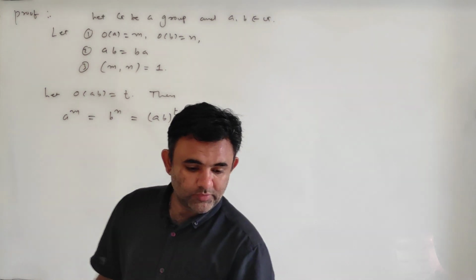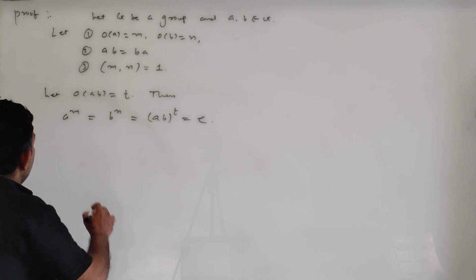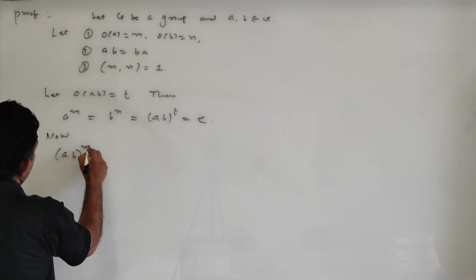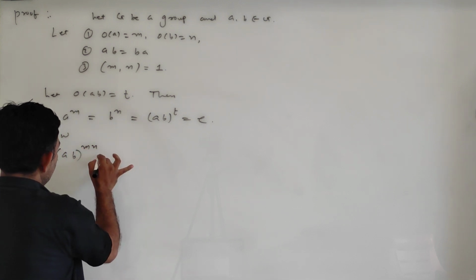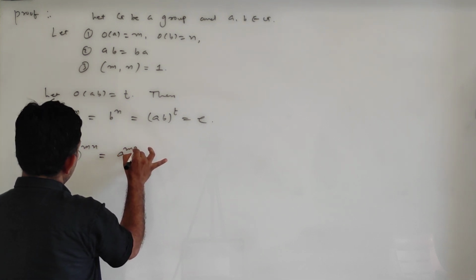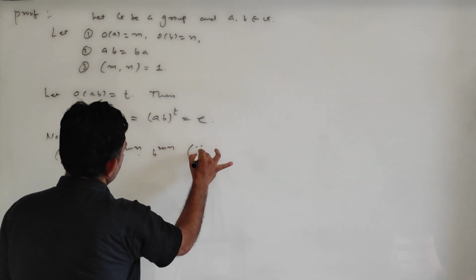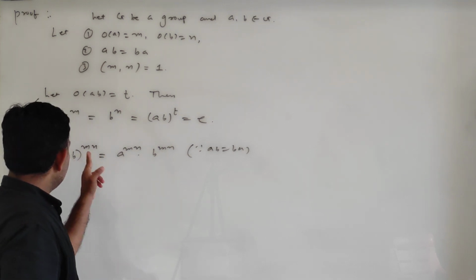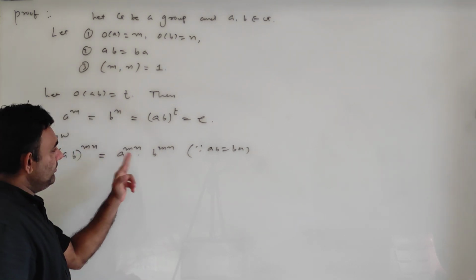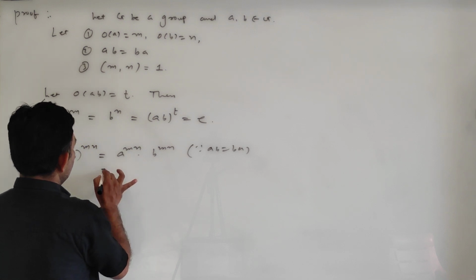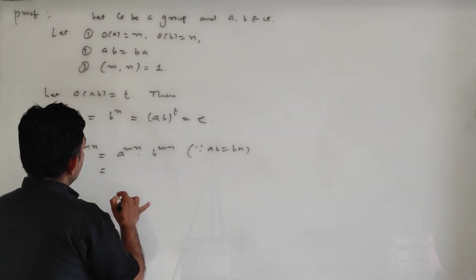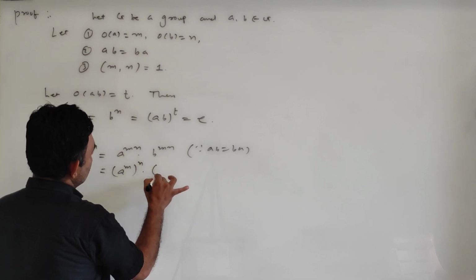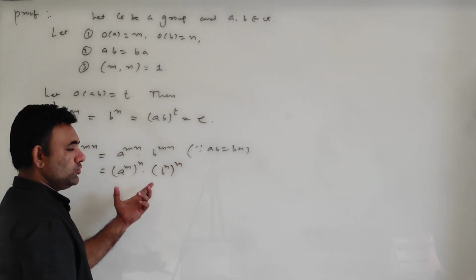Now look at ab raised to the power mn. It is a raised to mn into b raised to mn, because ab equals ba. If a and b commute, then I can distribute this power to individual a and b both. We have seen this result in an earlier lecture. Now I will write a raised to mn as a raised to m to the power n, and b raised to mn as b raised to n to the power m.